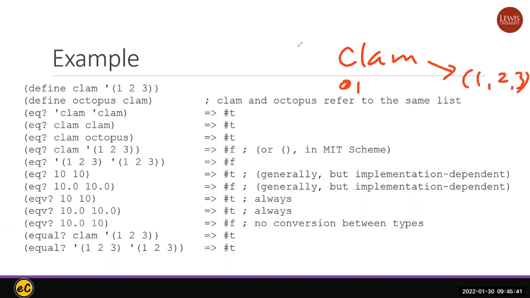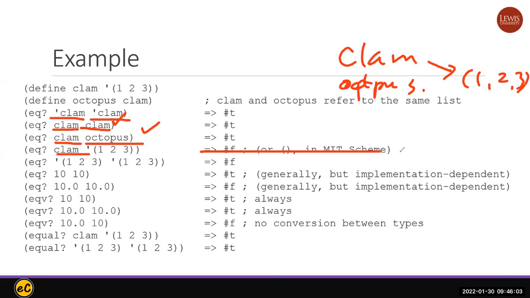Now eq? evaluating these: eq? of claim and claim is the same pointer. eq? of claim and aptus is the same. eq? of claim and a fresh 1, 2, 3, they are different pointers, different locations. Same value but different location is different. For these two, they are also different locations.